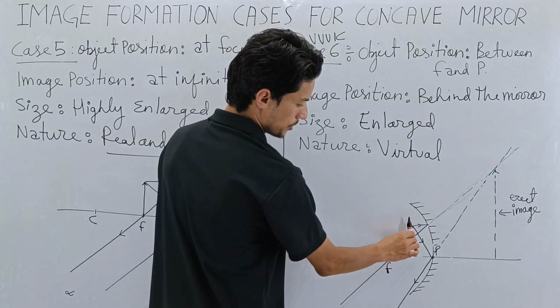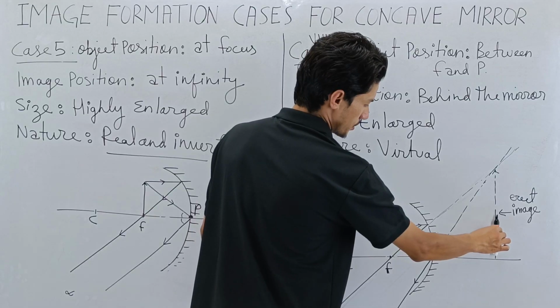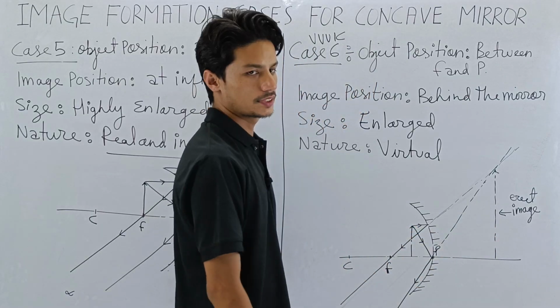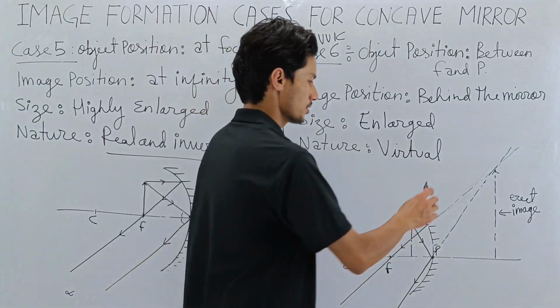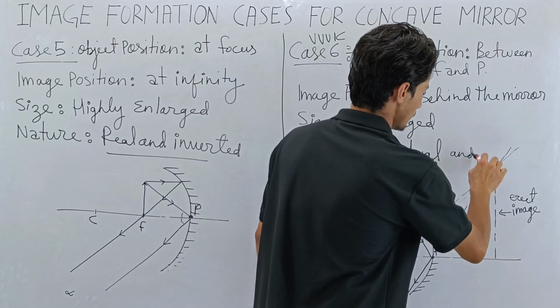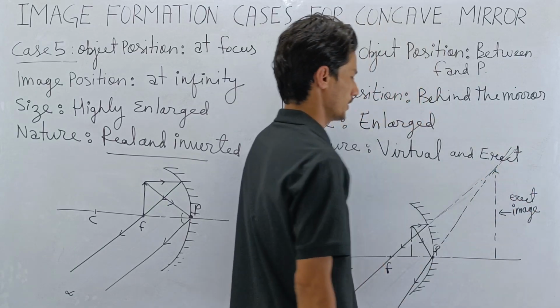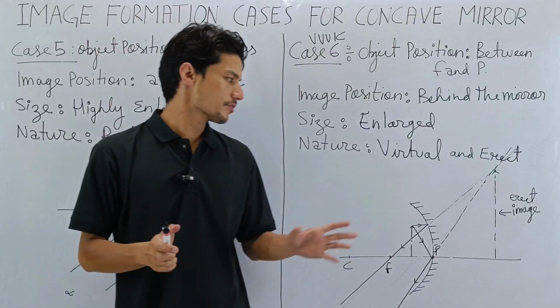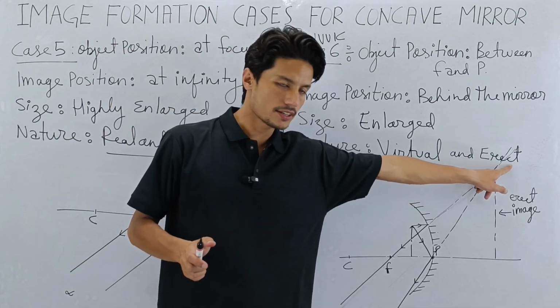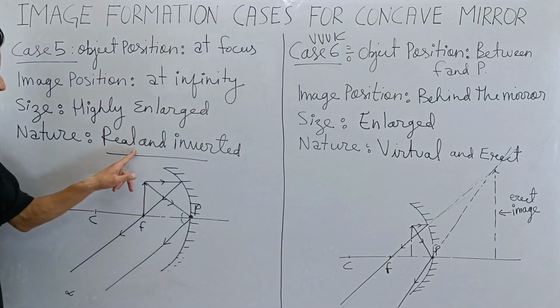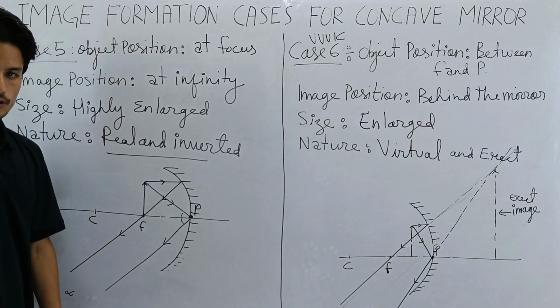The object stands on the principal axis and the image also stands on the principal axis. This is what an erect image is. So virtual and erect. Remember, class, if it is a virtual image, then it will always be erect. If it is a real image, then it will be inverted.